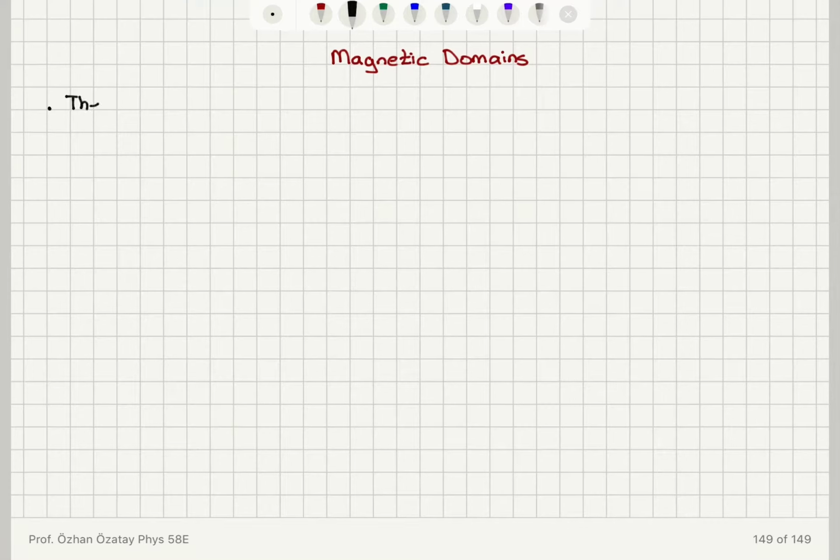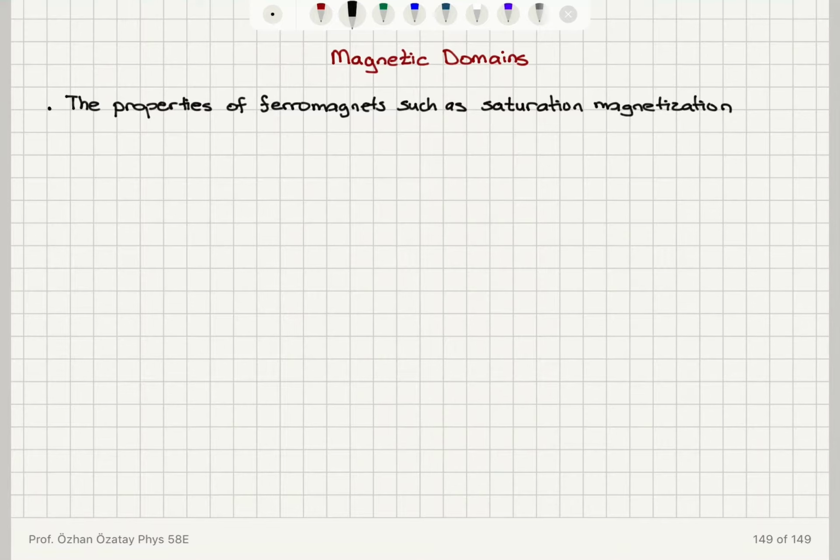So the properties of ferromagnets such as saturation, magnetization, and remanence, the fact that we have a remanent magnetization in the absence of a magnetic field, can be explained by the long-range order.